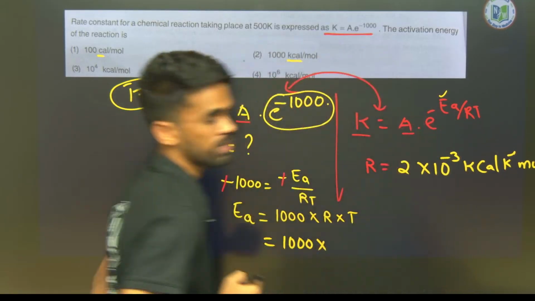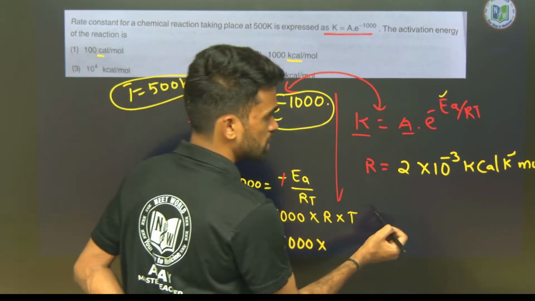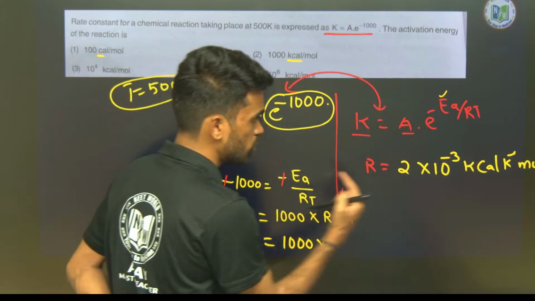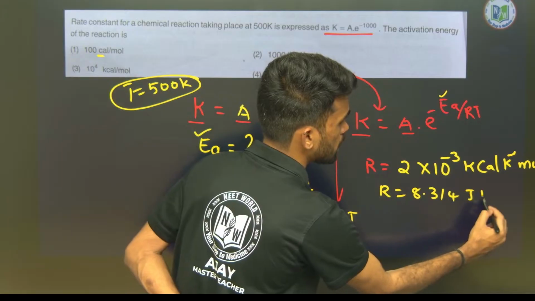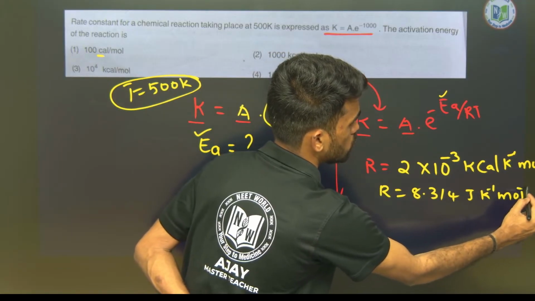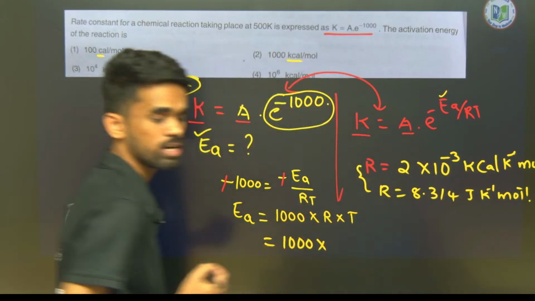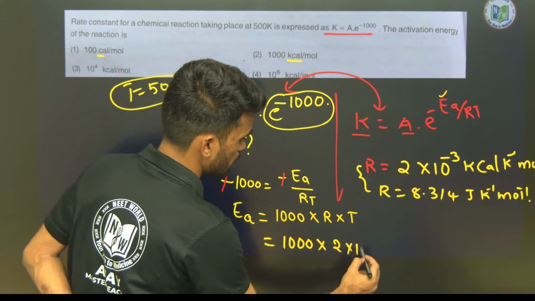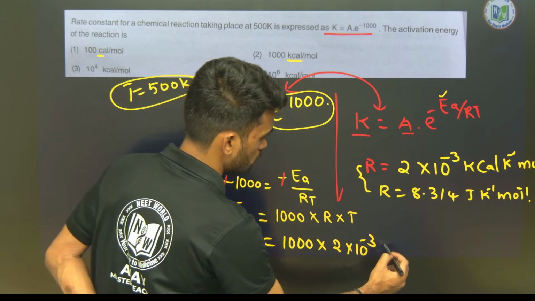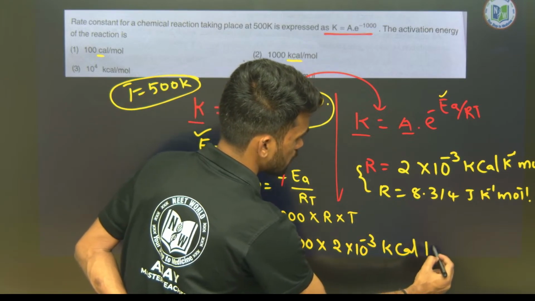If it is asking in terms of joules, you need to use R equals 8.314 joule Kelvin inverse mole inverse. These are the two important units you should remember for R. So now, 2 into 10 power minus 3, in kilocalorie per Kelvin per mole.